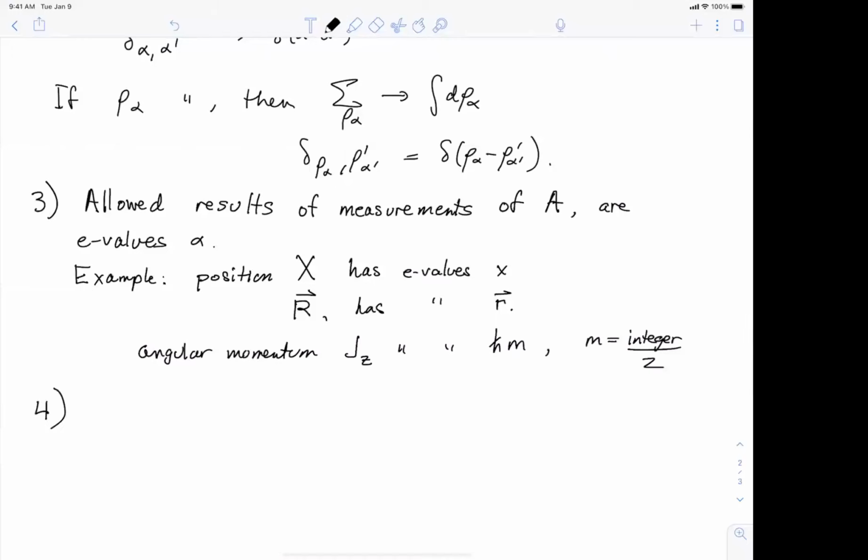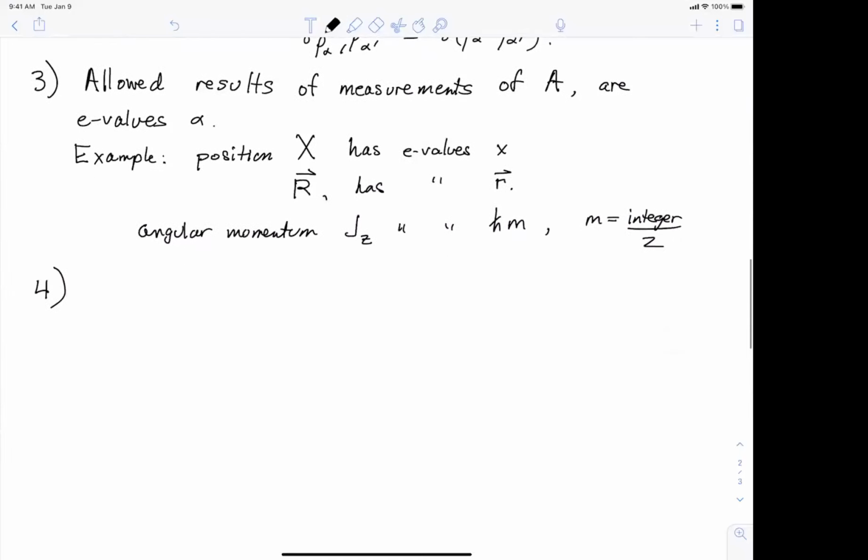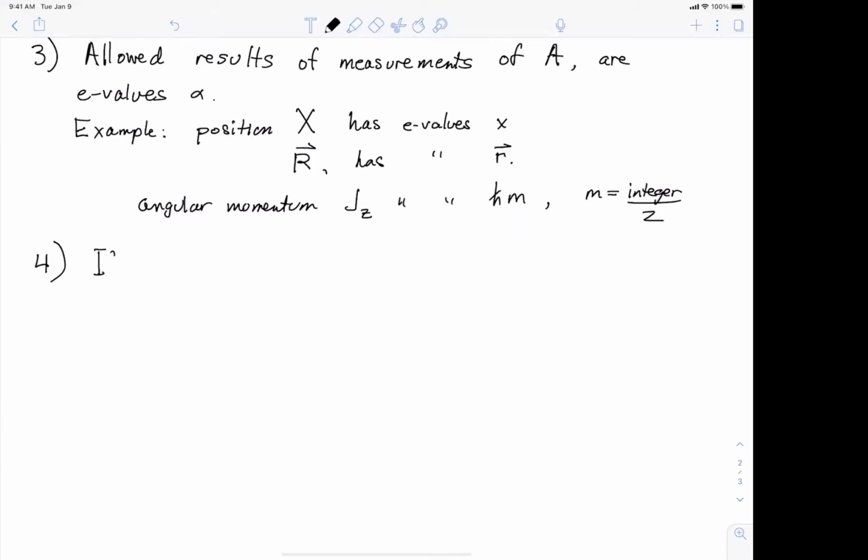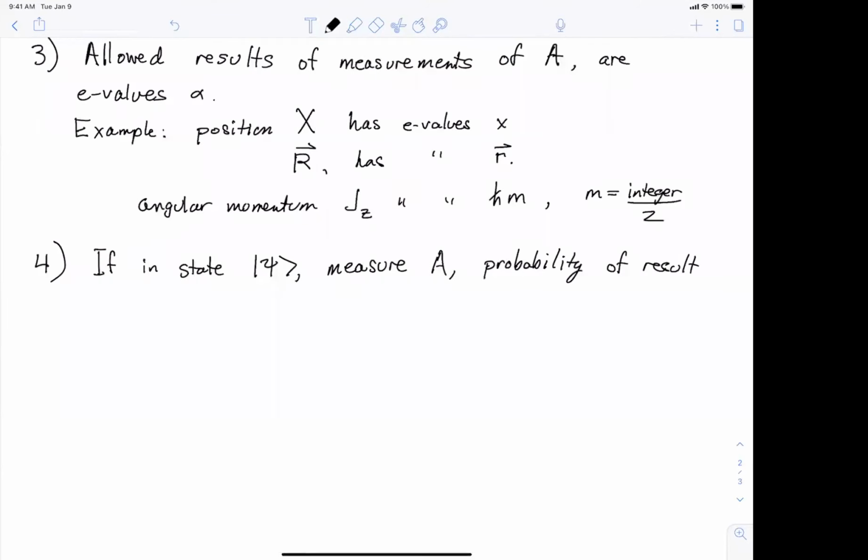Postulate 4 tells us what happens, or what the probability is, when we do a measurement. So if you're in a state psi and you measure an observable A, then the probability of getting any one of the results, so the results are the eigenvalues alpha, is, and we're going to use curly P for probabilities.